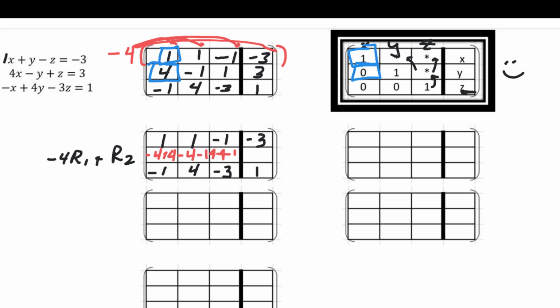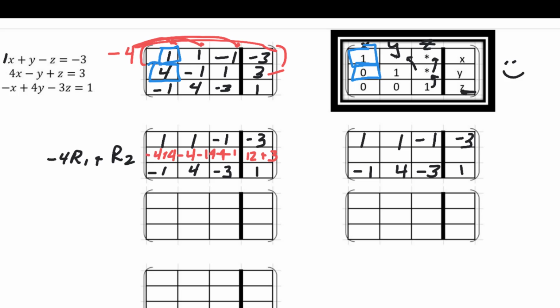And then finally, negative 4 times negative 3, which will be a positive 12, and add it to that 3 that's already in there. All right, so over here, just copy down, once again, row 1, didn't make any changes there. Copy down, once again, row 3, didn't make any changes there.